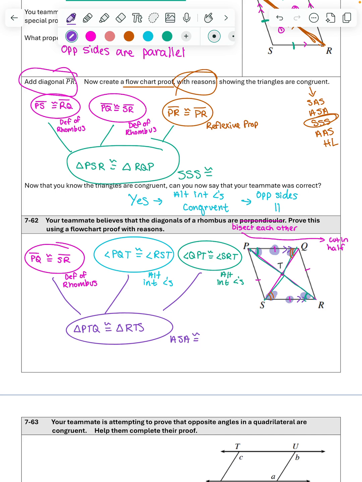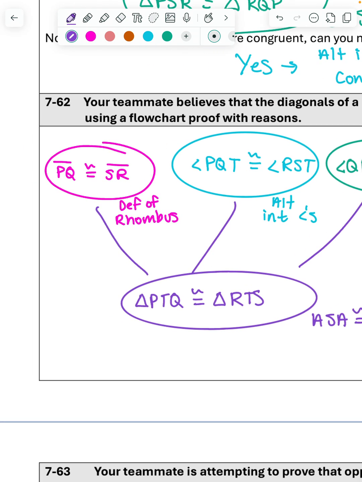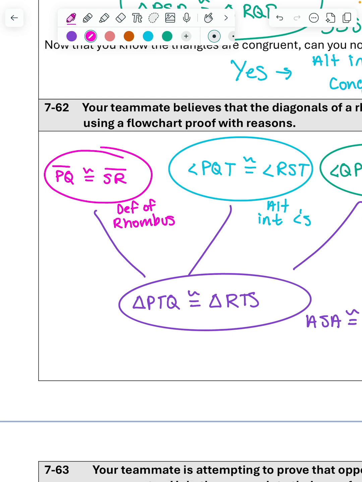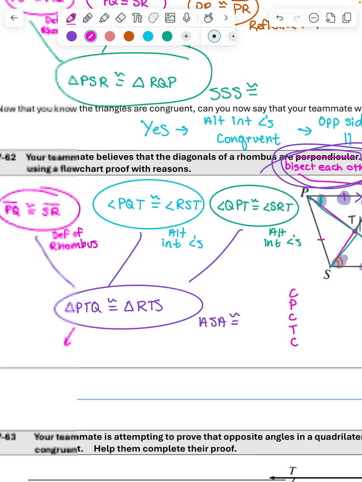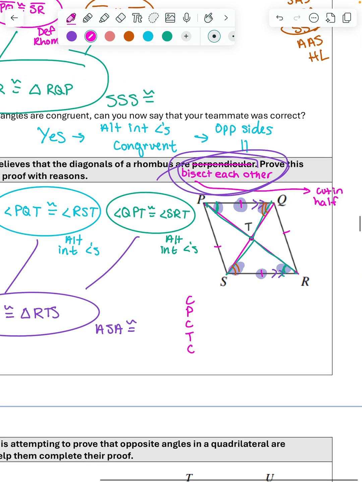Now, you're going to ask yourself, I thought we were trying to prove that the diagonals bisect each other. Okay, well, we know from CPCTC, corresponding parts of congruent triangles are congruent. So now that I've said that the triangles themselves are congruent, their corresponding parts are congruent.